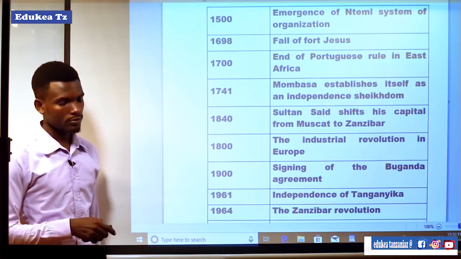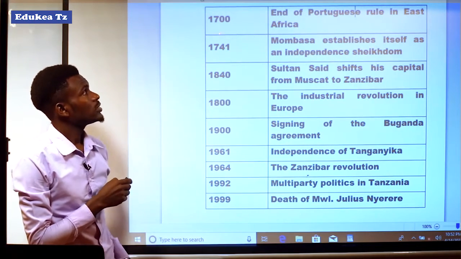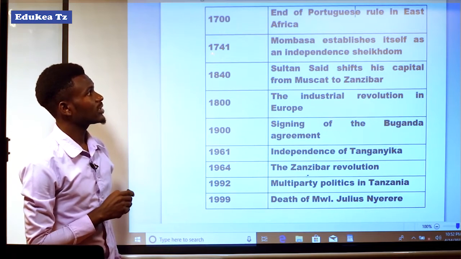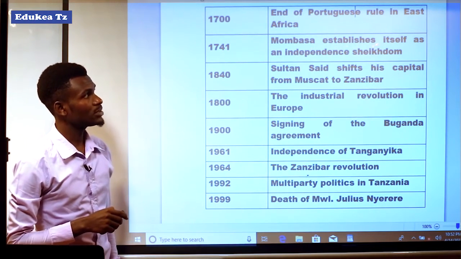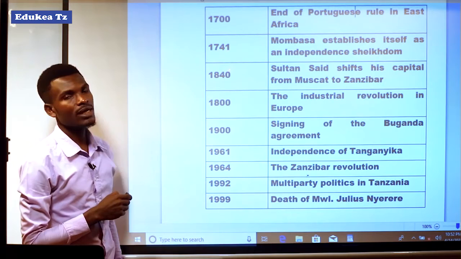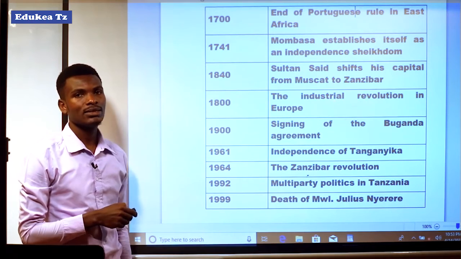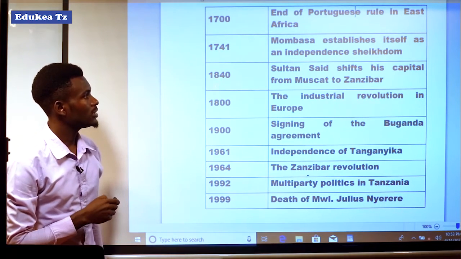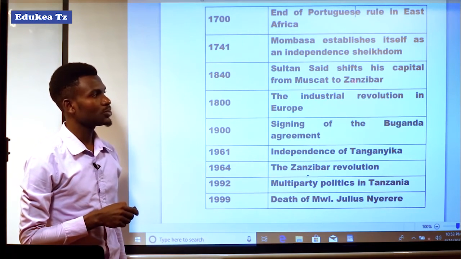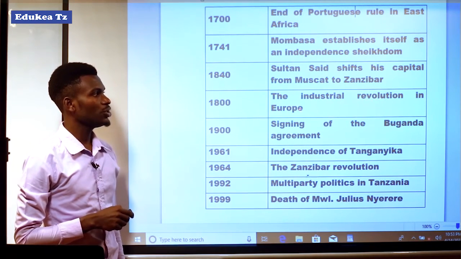But also in 1700, this was the end of Portuguese rule in East Africa. In 1741, Mombasa established itself as an independent sheikhdom. So this shows the years on one side, and on the other side the events that occurred in a certain period of time. In 1840, Sultan Said shifted his capital from Muscat to Zanzibar. In 1800, the Industrial Revolution in Europe.